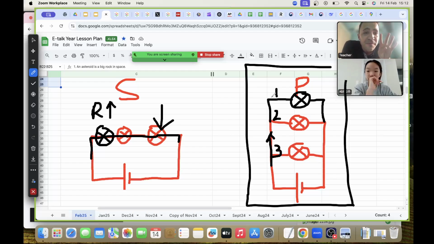If I add a fourth bulb, yes, one more, which circuit will decrease in brightness and which circuit will remain the same? Parallel will be same and series will go down. Yes.